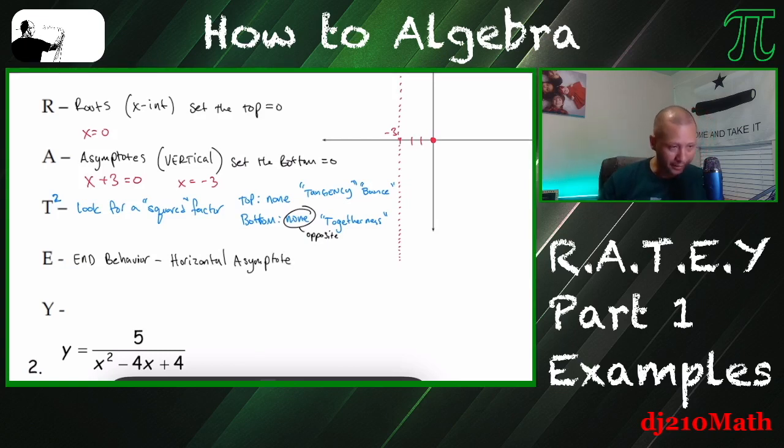To do that, you have to compare the largest degree in the numerator against the largest degree in the denominator.